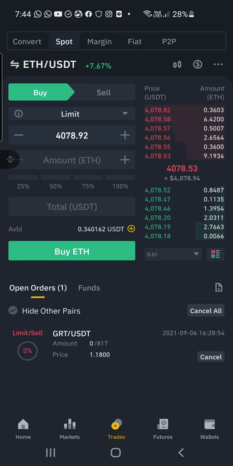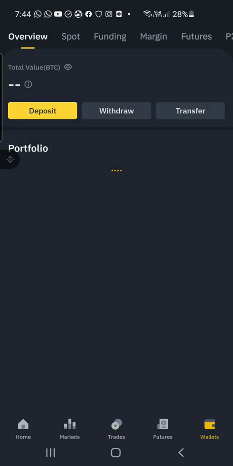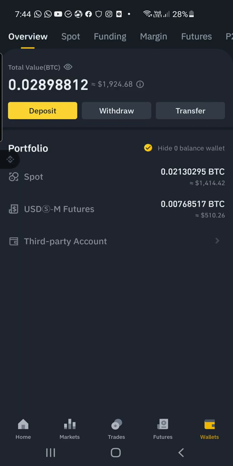Now we are going to look at where you can see your wallet, where you can see your money. Here you go to wallet in the bottom right corner, and excuse me for my internet. Here you have different tabs. You have the overview tab, which shows you all the money that you have in your account right now.